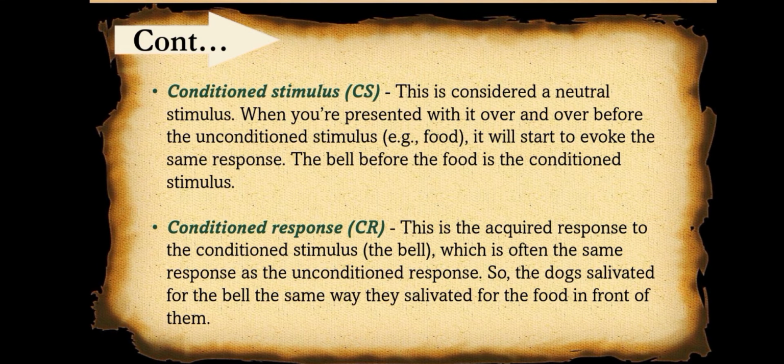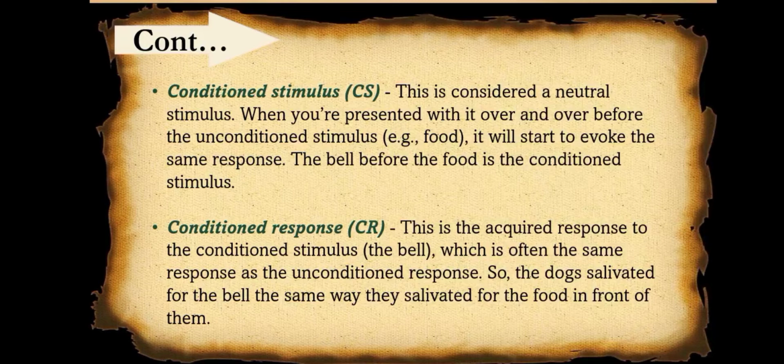Third is the conditioned stimulus. This is considered a neutral stimulus, but when you're presented with it over and over before the unconditioned stimulus, the food, it will start to evoke the same response. The bell before the food is the conditioned stimulus.